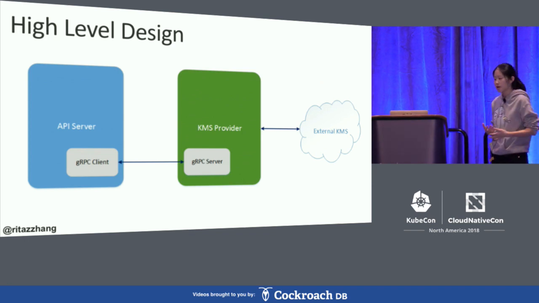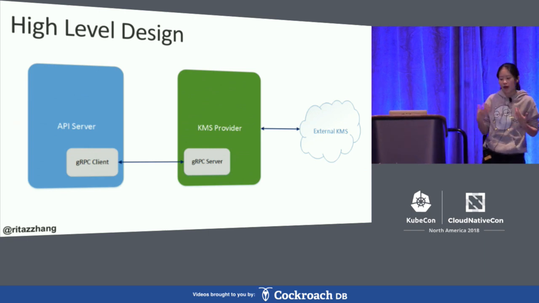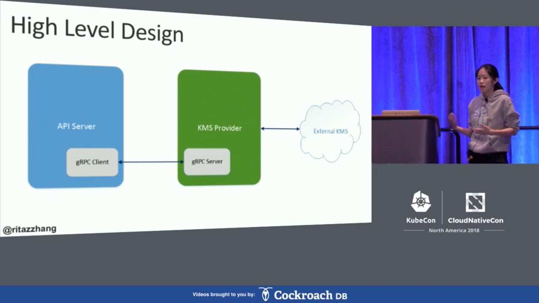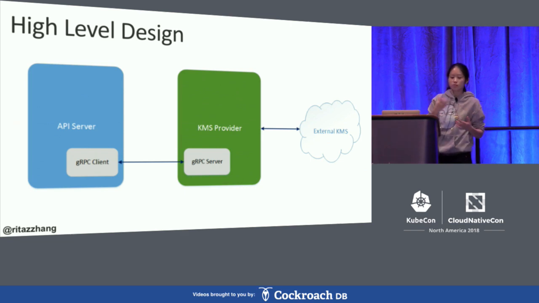When the API server gets a request for encrypting or creating a secret, or for decryption, it delegates that encryption process and calls the out-of-tree KMS provider, which is now acting as a gRPC server. When that gRPC server gets the request, it does all the handshakes between that provider and the external KMS. And once the provider gets the key, it's used for encryption.